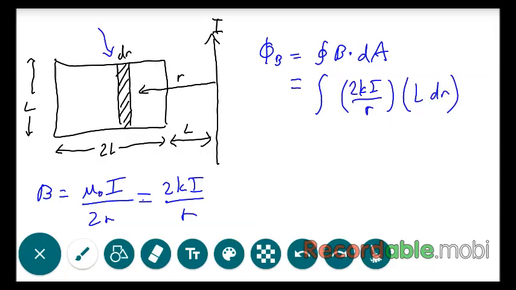And we're going to be integrating it starting from this rectangle right there all the way to this rectangle here. So we're going to be integrating from distance L all the way to distance L plus 2L.